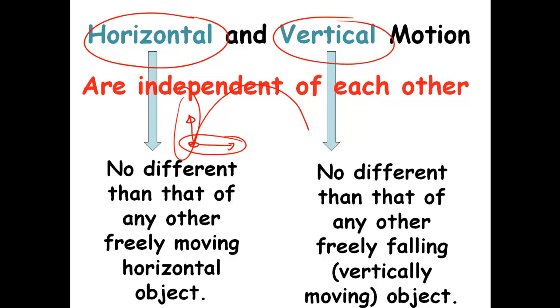In other words, they're independent of each other. What it does horizontally does not affect how high it's going to go, or what this does vertically has no effect on how far it's going to go, except when it comes to the time it is in the air.